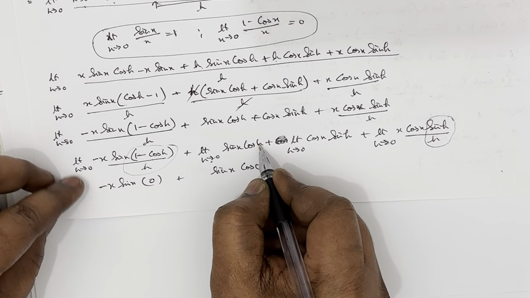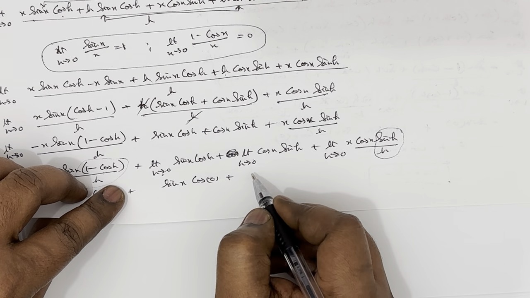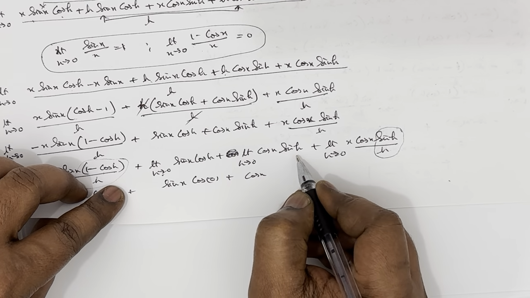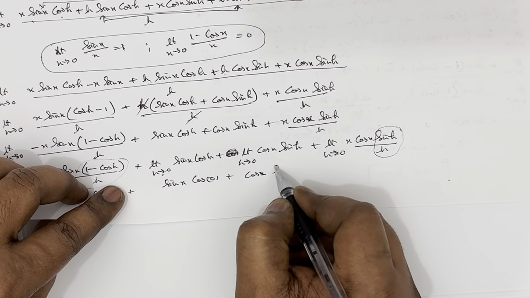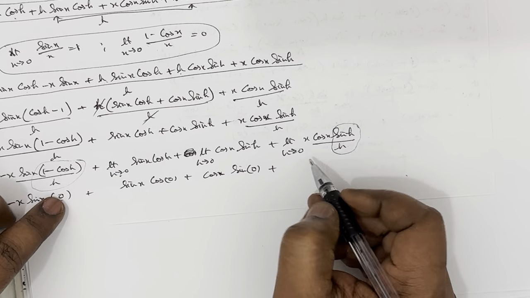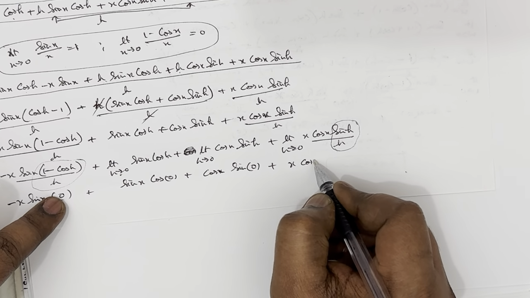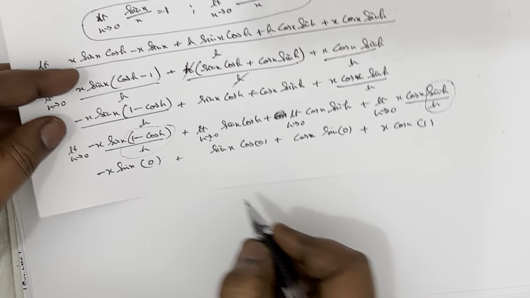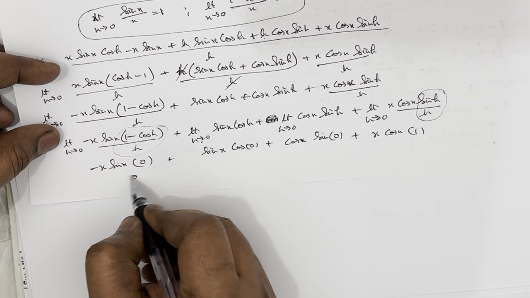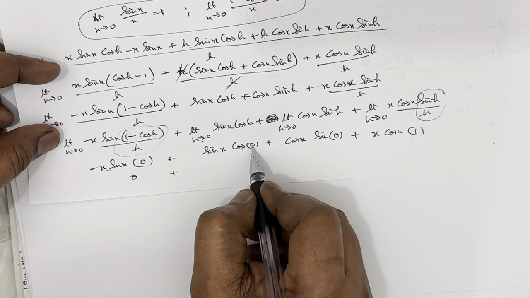Here we put h as 0, so plus cos x sin h becomes sin 0, and this whole thing becomes 1, so it becomes x cos x multiplied by 1.